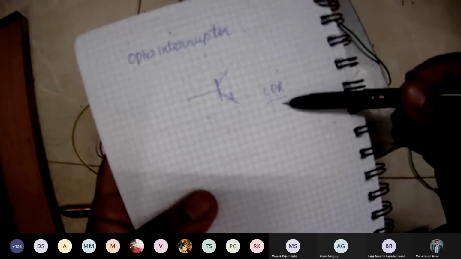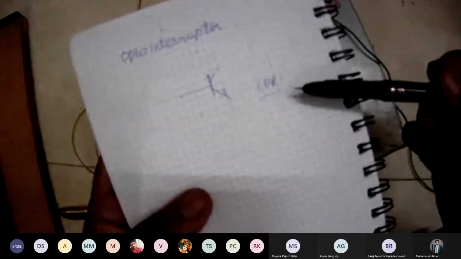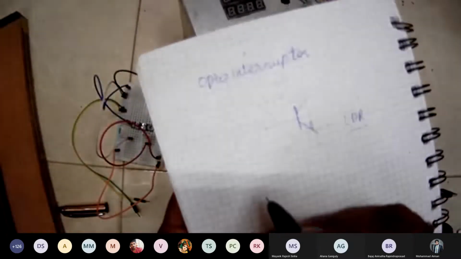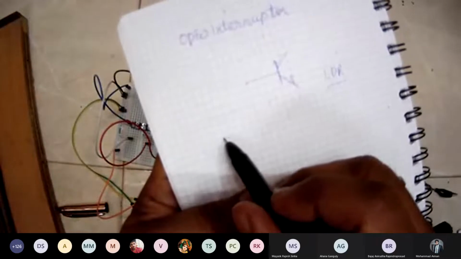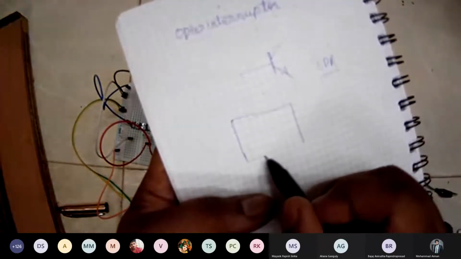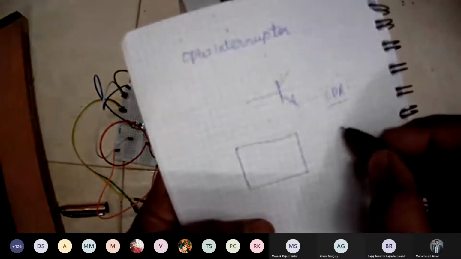But here we are not so much bothered with an LDR. What we want is proper switching. So what is used is an opto interrupter, and the basic structure looks something like this. First I will draw what is known as an optocoupler.